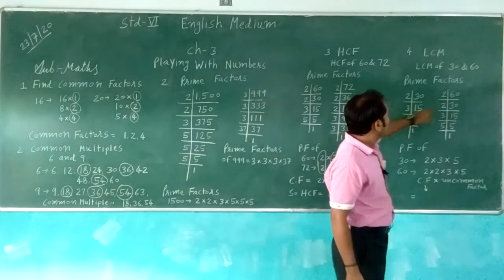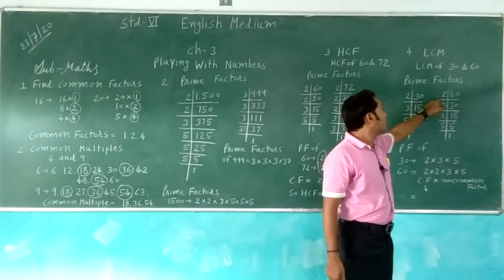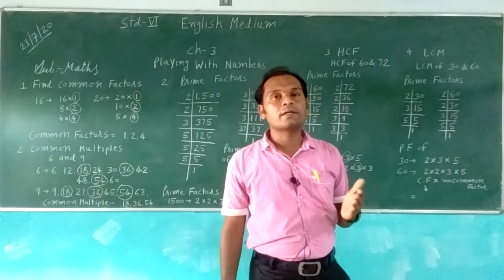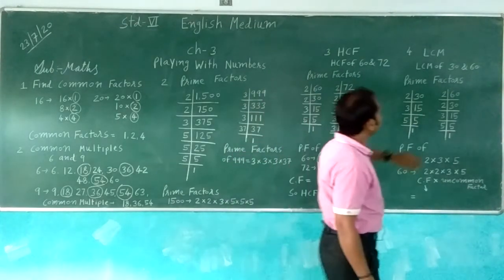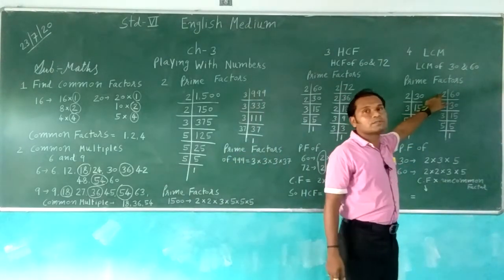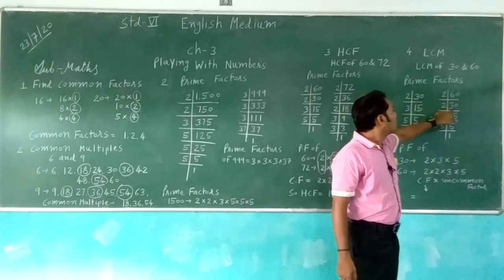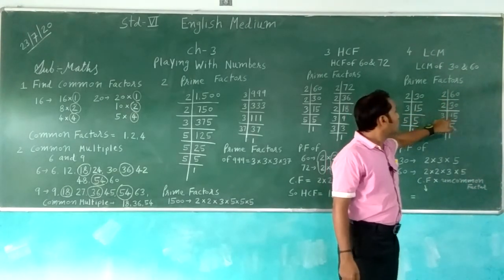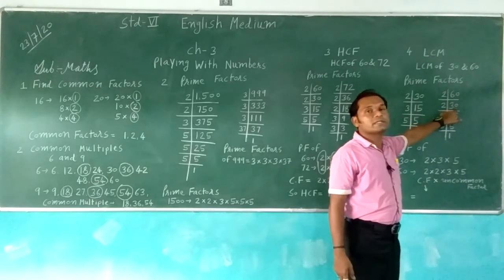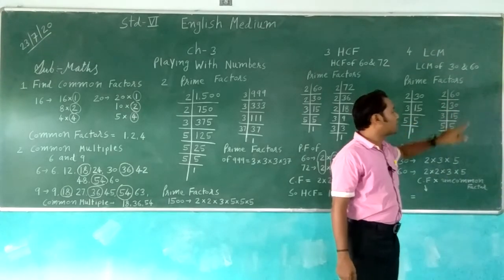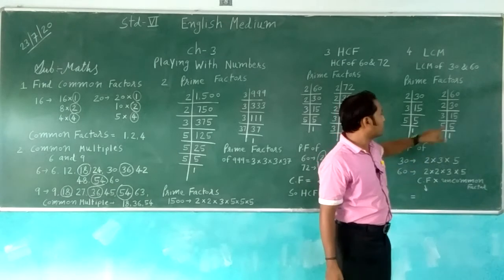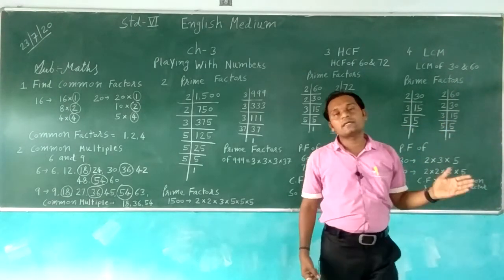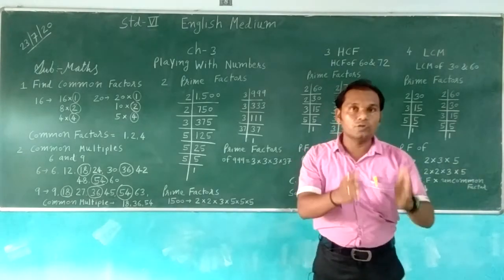On this side, we find the prime factors of 60. So we divide first with 2. 2 thirties are 60. 30 is divided by 2, so we got 15. 15 can't be divided by 2, so we can't continue with 2.